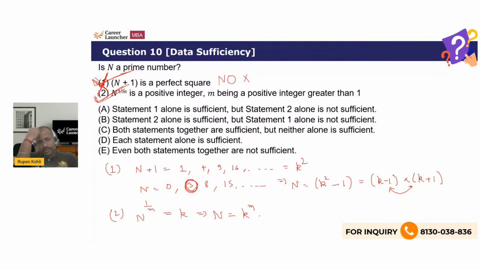So Prabhakar, just like the first statement where we had one exception, what about k being 1? What about this integer being 1?